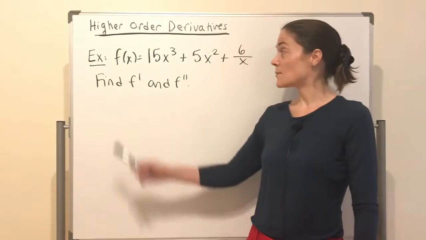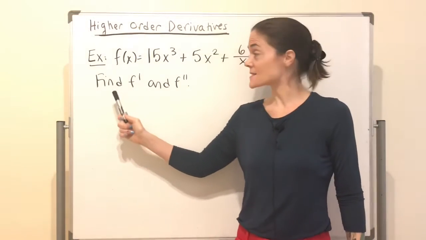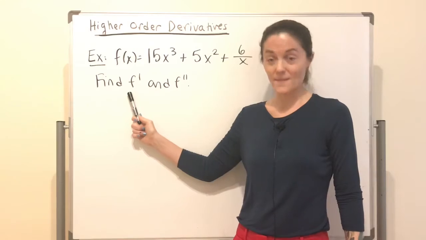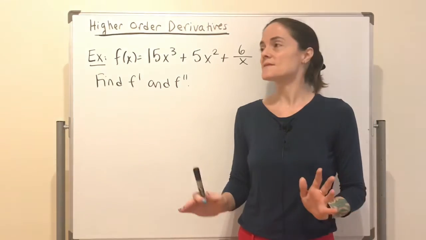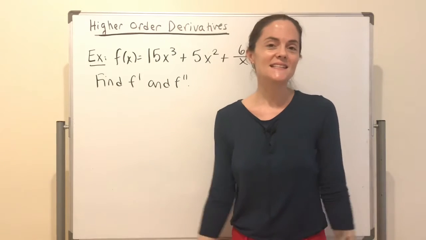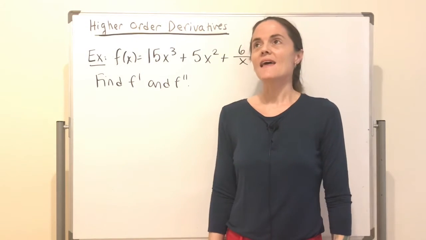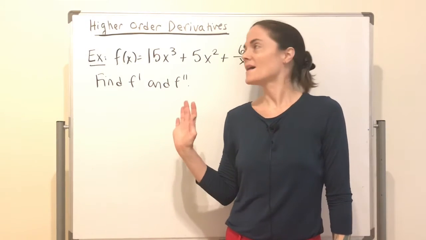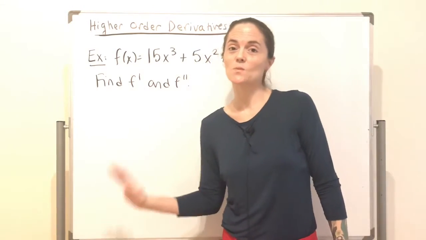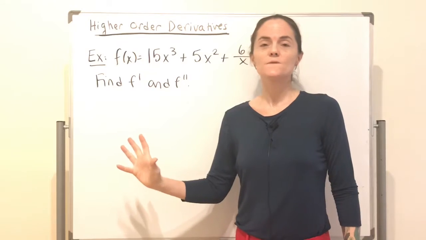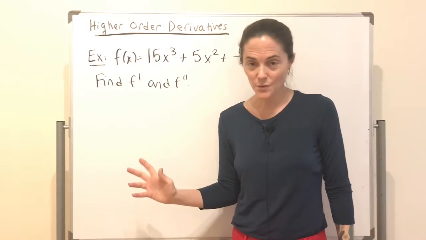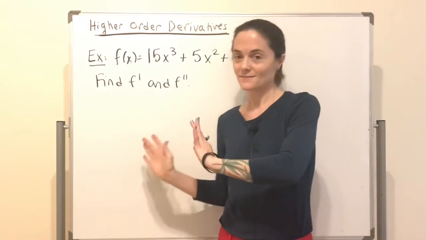Here's an example. We are given f of x. We want to find f prime and f double prime, the first and second derivatives. And I mentioned in the last video that even though the very next class will be starting the rules for derivatives, we may use the power rule for today.